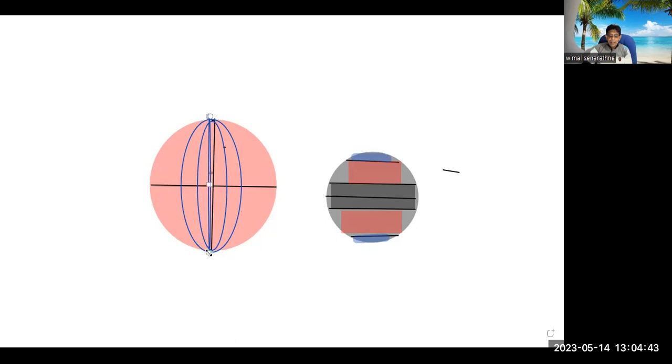Then those are the uses of latitudes and longitudes.